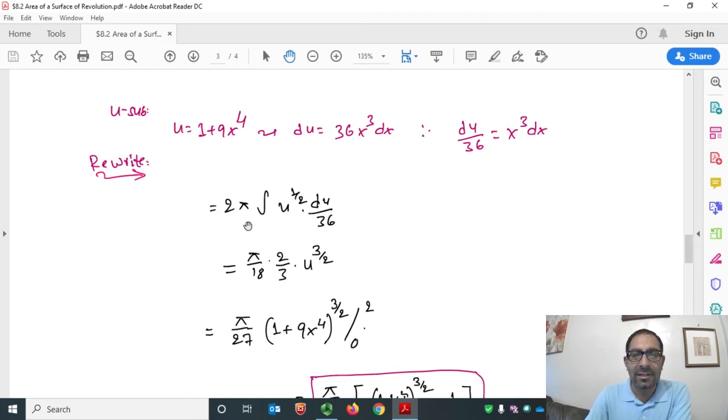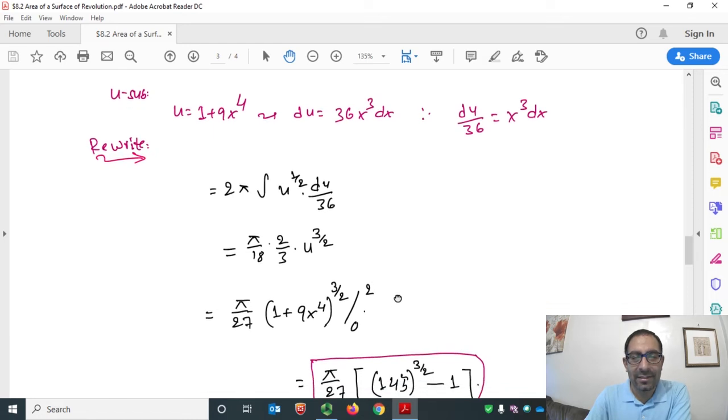Then take the integral of u to the power 1/2 with respect to u. So 2 pi over 36 becomes pi over 18, to cancel 36, 18 times. And integration of u to the power 1/2 becomes u to the power 1/2 plus 1, which is 3/2, divided by 3/2, which is the same as multiplying by 2/3.